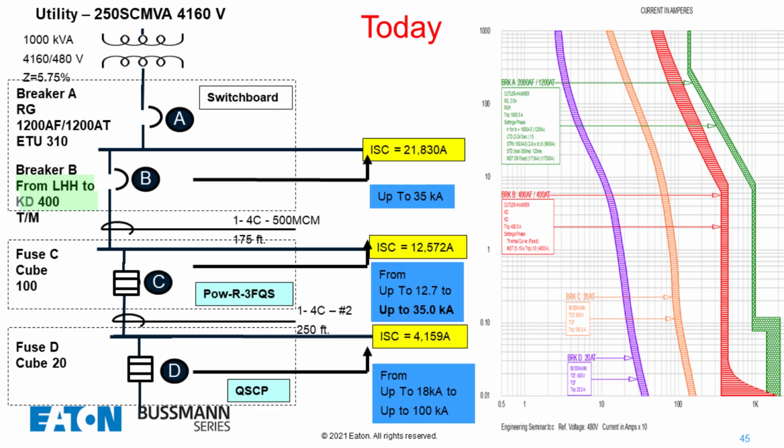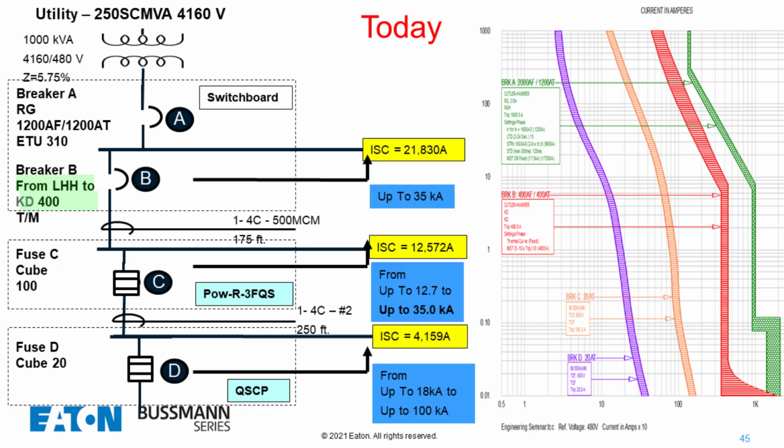So now, because we put fuses on the load side for the emergency circuits, the QSCP panel on the load side with either a main fuse or fed from a main fuse, now we can use less expensive breakers upstream as long as they meet the fault current ratings or the interrupting ratings that they need.